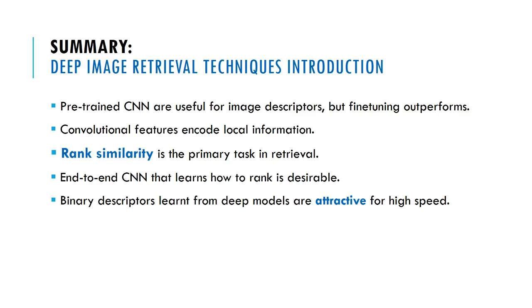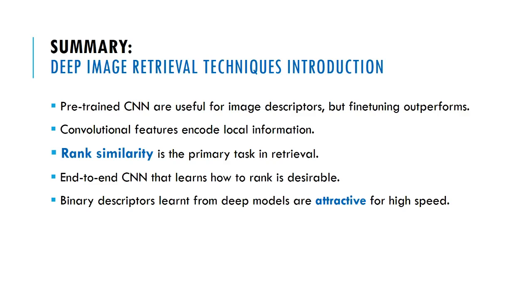So the end-to-end convolutional neural net that learns how to rank, that's really the most desirable thing. Now, again, there are a bunch of requirements on labeled data and resources. So if that is available at different levels, we described different ways to take advantage of that. There's a weak supervision technique for triplet loss.